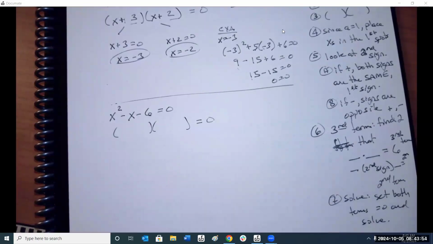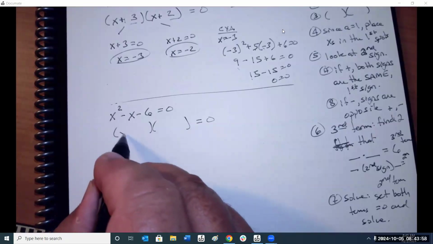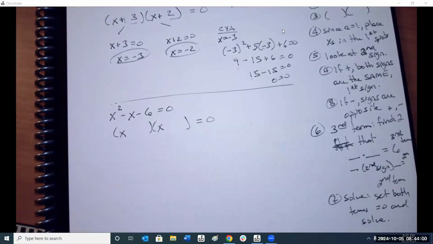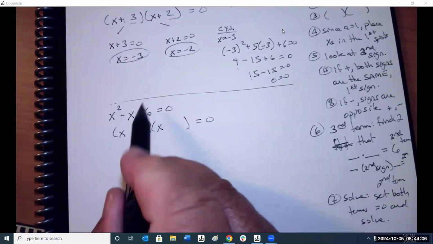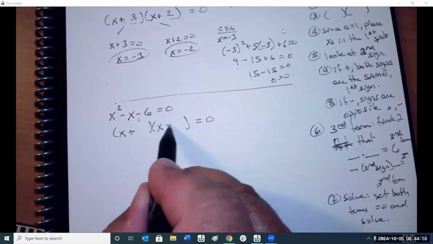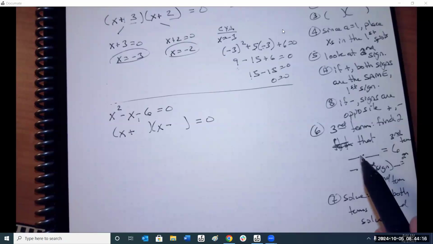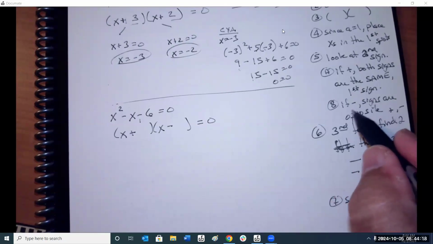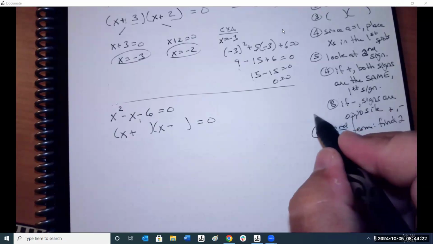Equals 0. Look at what makes up x squared, x and x. Next step, look at the second sign. Since it's a minus, that means they're both opposite signs. But I forgot to say over here, if it's a minus, signs are opposite. One's plus, one's minus.